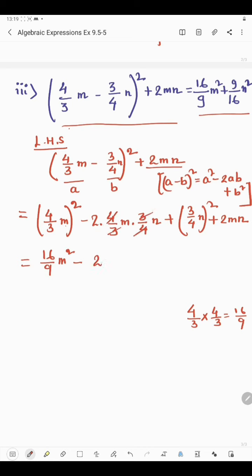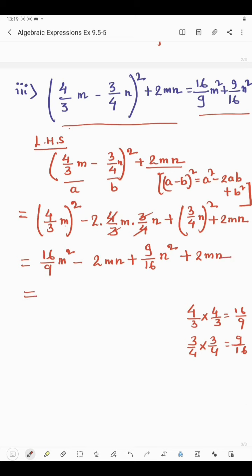So it's 2mn, plus 3 by 4 n square. So 3 by 4 into 3 by 4 is 9 by 16. N whole square means n into n, which is n square, and plus 2mn will remain the same.